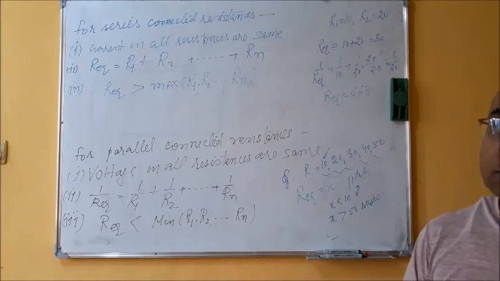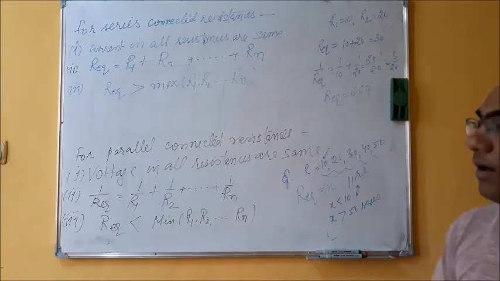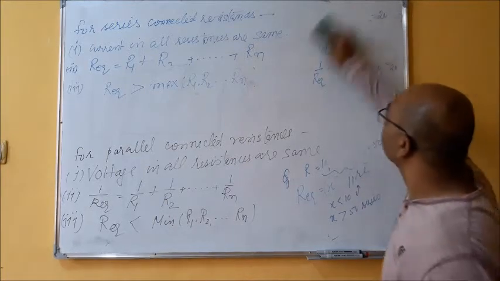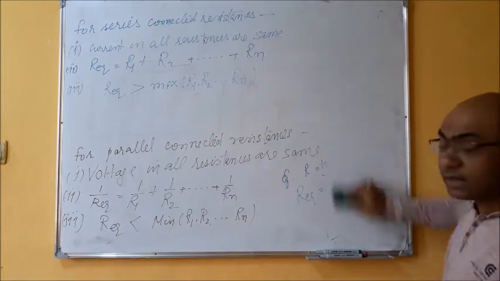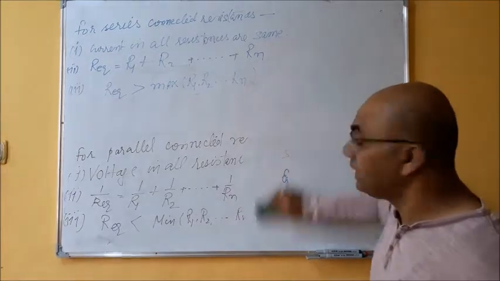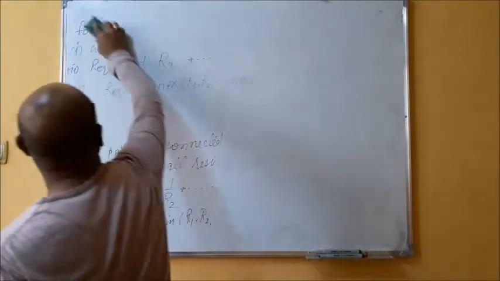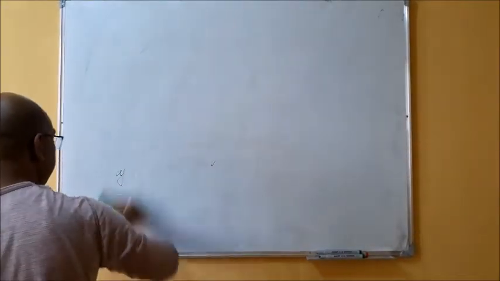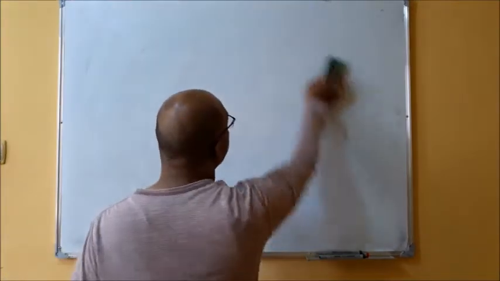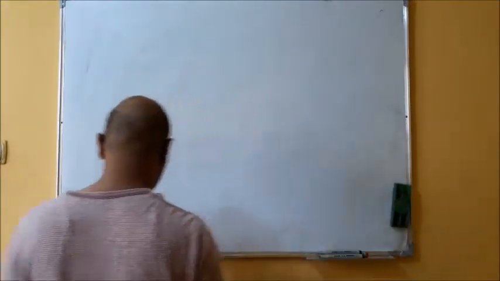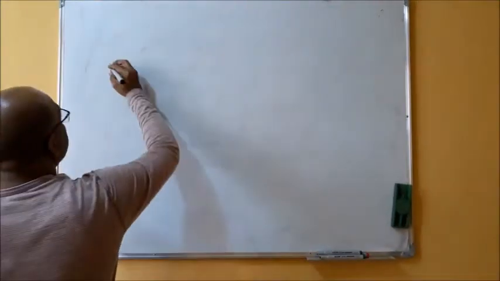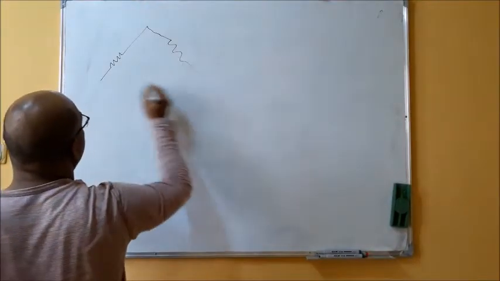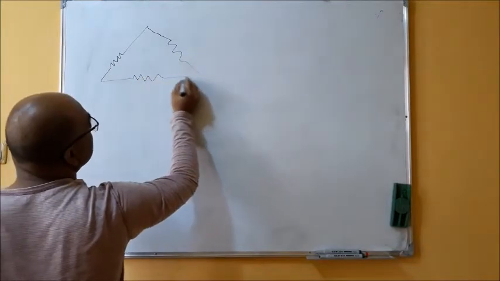Now the question comes, if I have a special kind of circuit in which the resistances are connected in star or delta. Suppose I am saying I have three resistances connected like this. Okay.